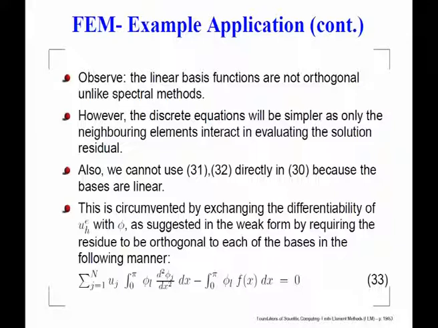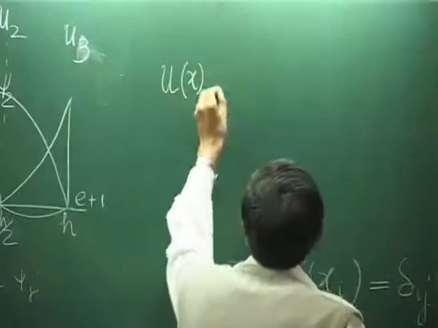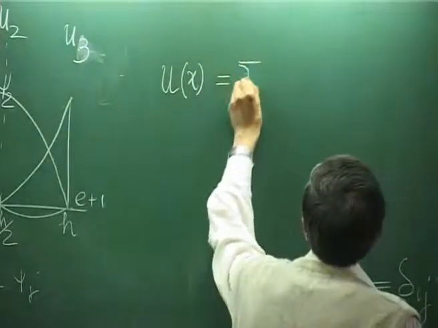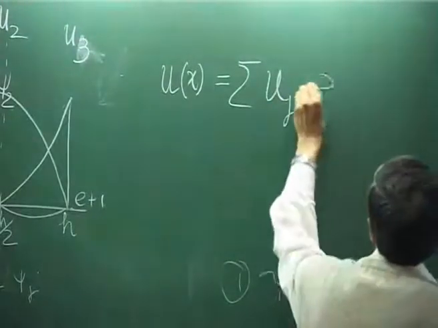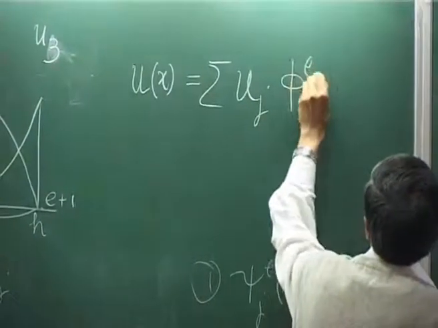What we do actually, see, basically what we have is this function, and we are writing it as the nodal values times this.